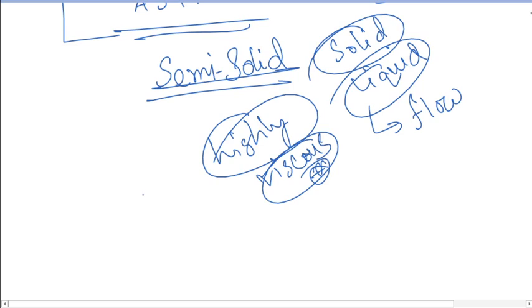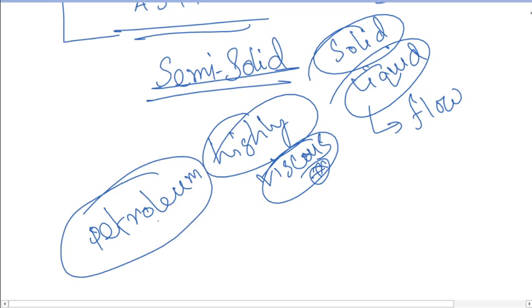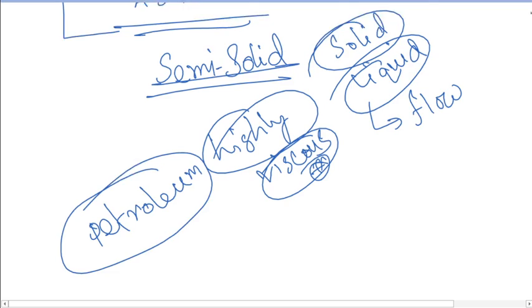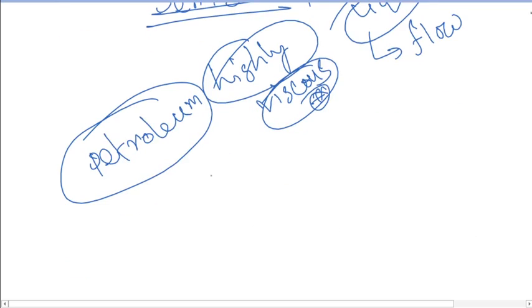Bitumen is a sticky, black and highly viscous liquid, as I have said, or semi-solid form of petroleum. I think all of you are well acquainted with petroleum, an organic material. Whenever we learn organic chemistry, we get introduced to this particular thing, petroleum.